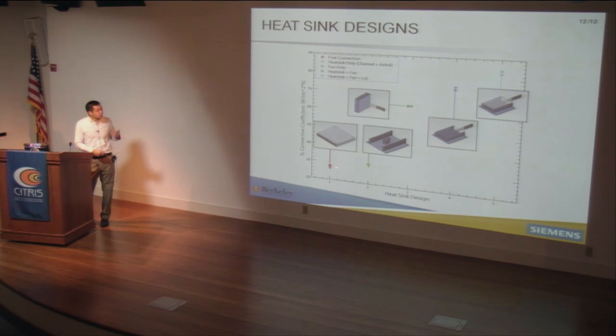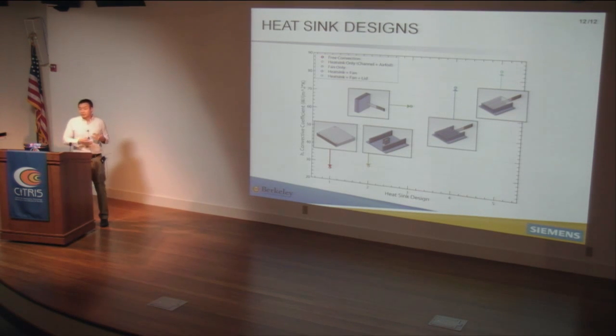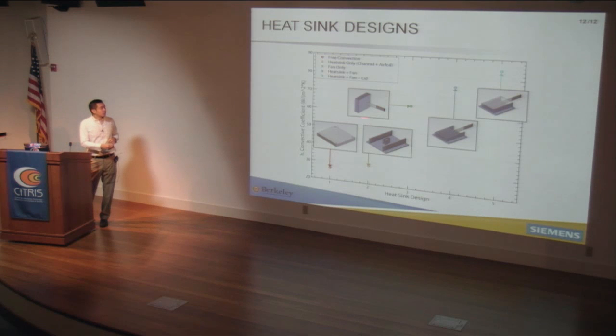You get a value around 20, 25 watts per meter squared Kelvin. We looked at some designs where there was a channel involved, and we put in a little airfoil to see if we can redirect that flow near the tip of the fan. In this case, there's no fan down here. This is what we showed earlier in the horizontal or the forward configuration. You get values around 65 watts per meter squared Kelvin.